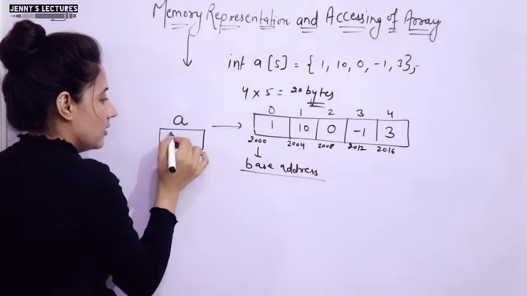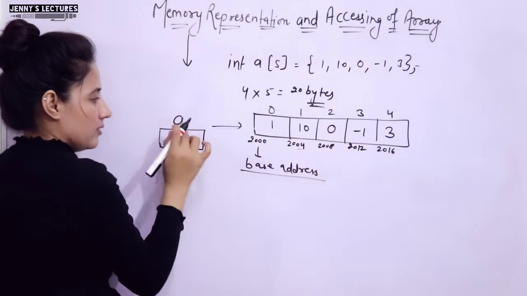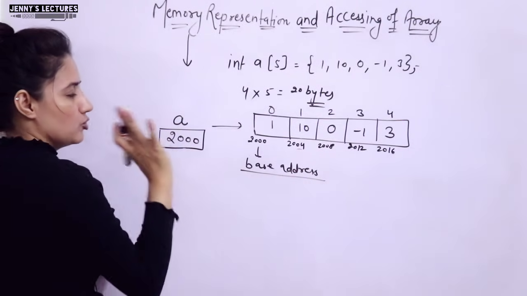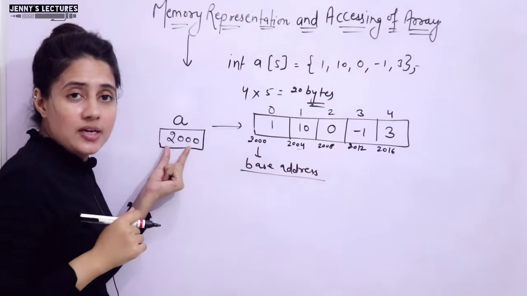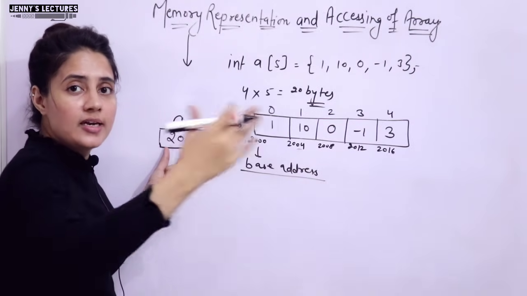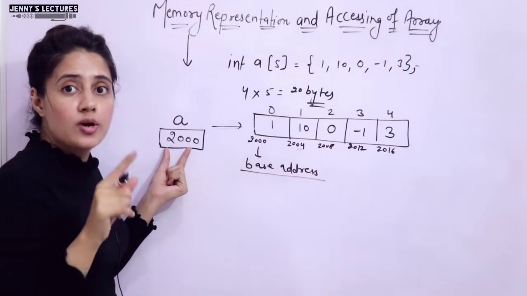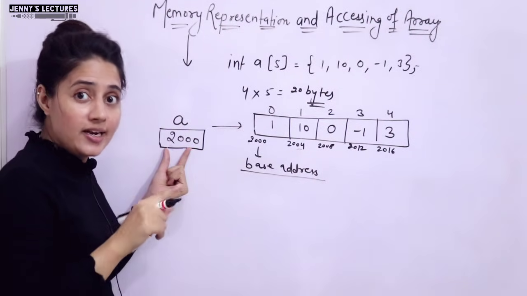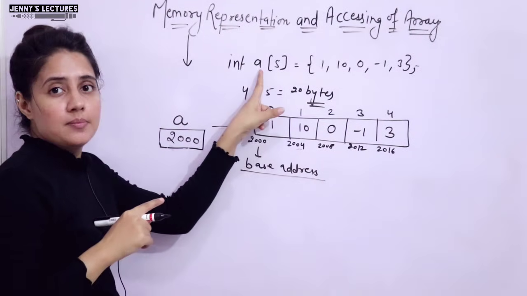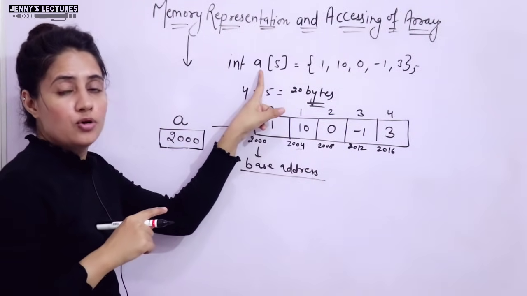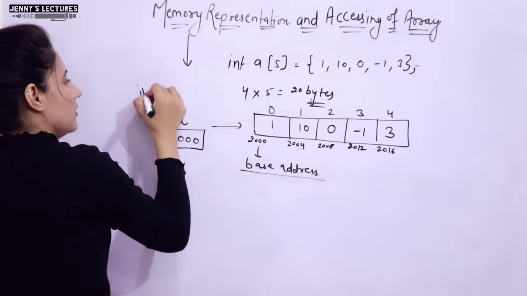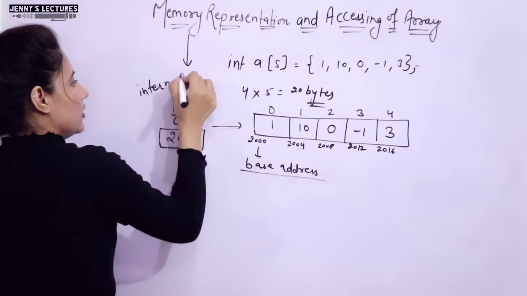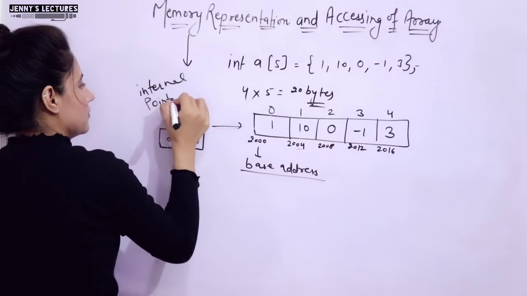So in the name of the array, 2000 would be stored. Any variable that stores the address of another variable is known as a pointer variable. That is why the array name is known as a pointer, or you can say an internal pointer variable.